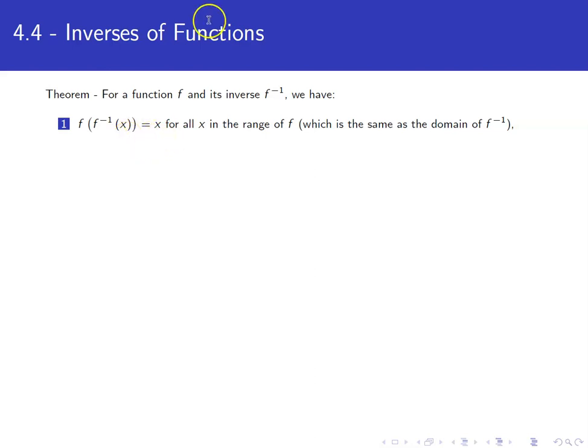That has to be true for all x in the range of f, which is the same as the domain of f inverse. Remember that inverses reverse the roles of x and y. Range would be the set of all y's for the function. So the range of the original is the domain of the inverse. And we need to make sure that we have this statement because we need to be able to plug it into the inverse function to start with.